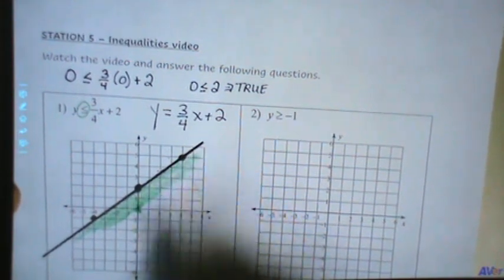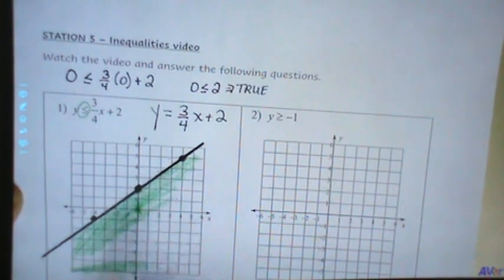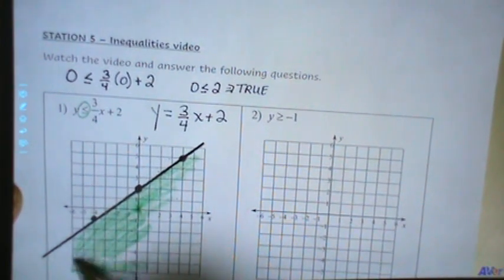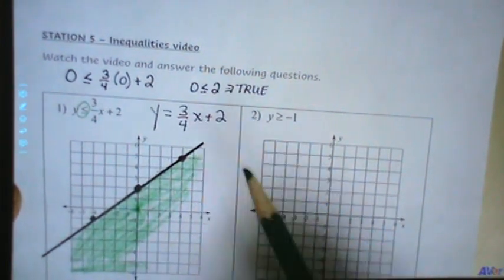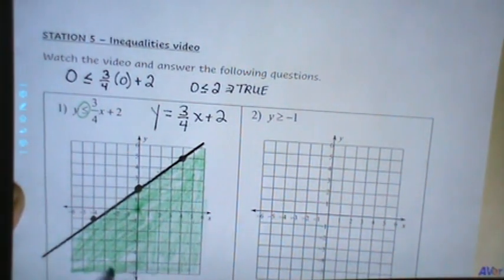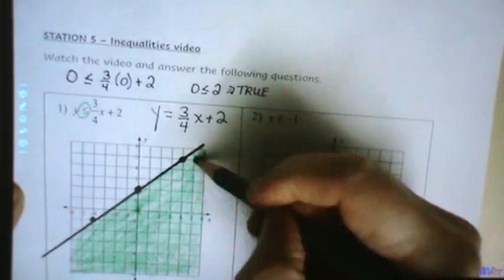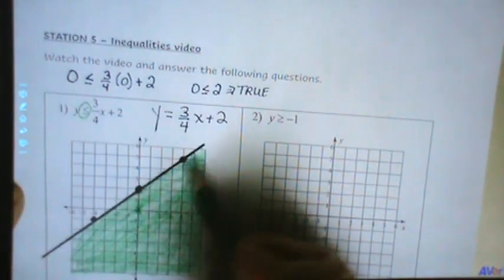I'm going to shade towards 0, 0. 0, 0 made a true solution, so my shaded region contains all the answers to this inequality. We'll talk more about that, but all that means is you can pick any point in this green shaded region and you will get a true statement when you plug it in right there.